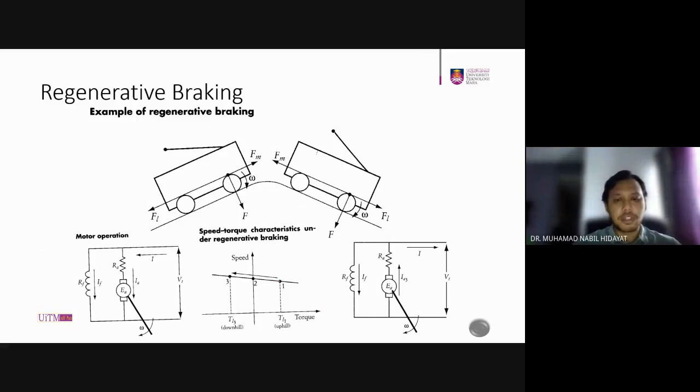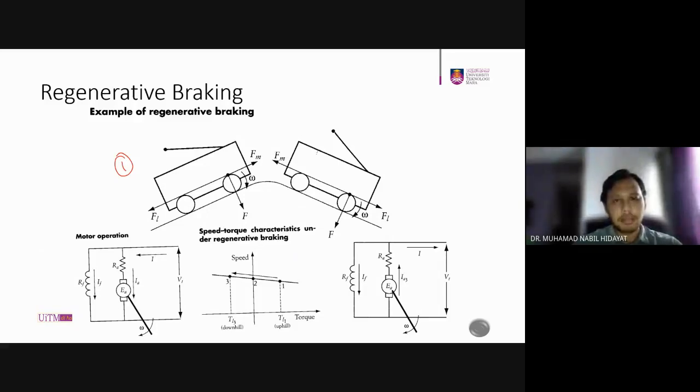For condition 1, when your vehicle is moving upwards, it is in forward motoring. Your motor has a positive speed, where positive speed is the speed turning clockwise, and your torque T is also positive.